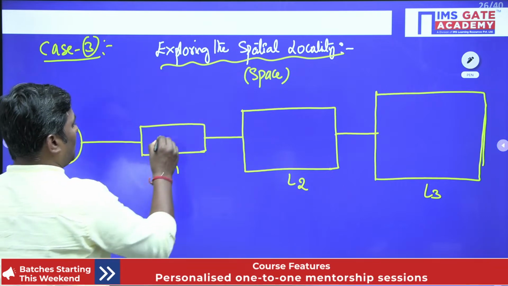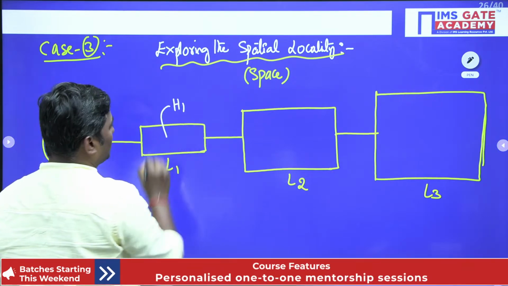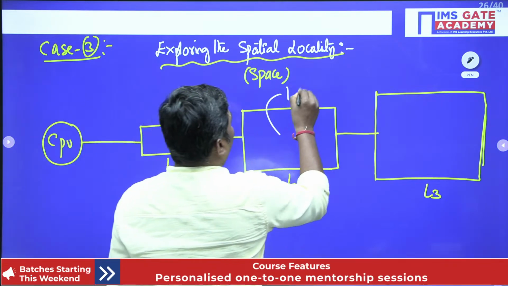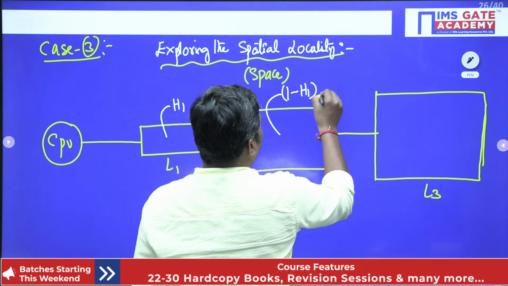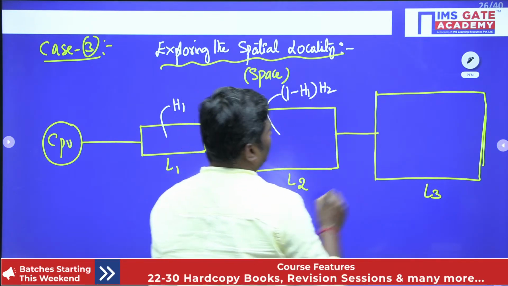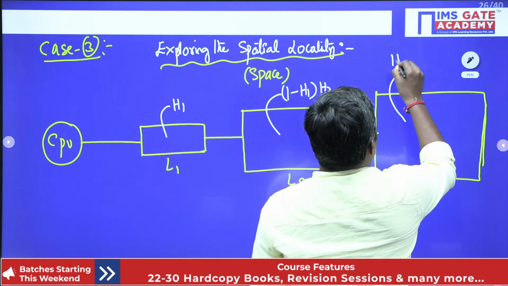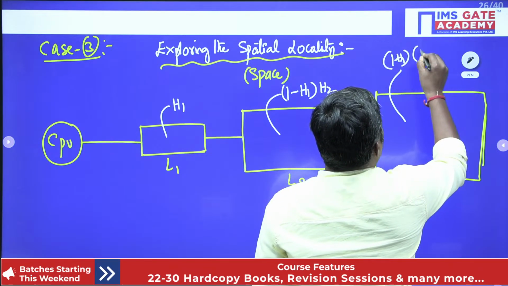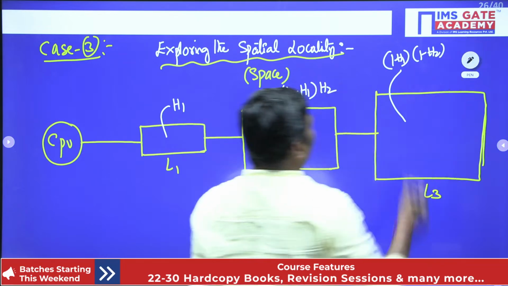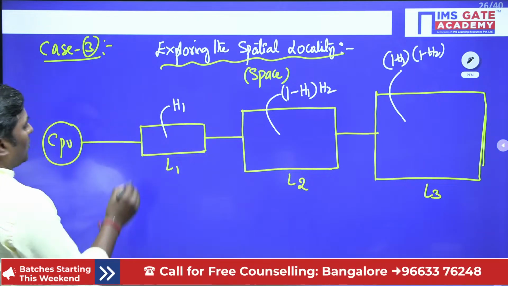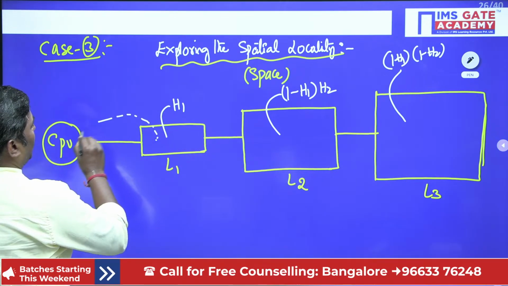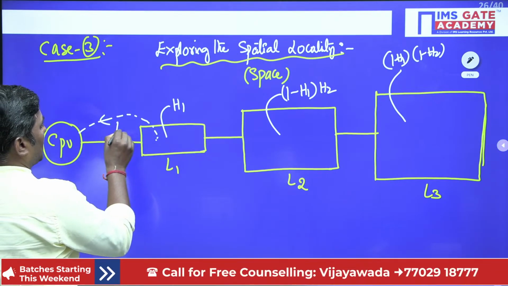So H1 is the hit ratio of this one. This is 1 minus H1 into H2, this is L2. Then this is 1 minus H1, 1 minus H2. The H3 means 1 only, right? So the time taken for reading a data from L1 is T1.